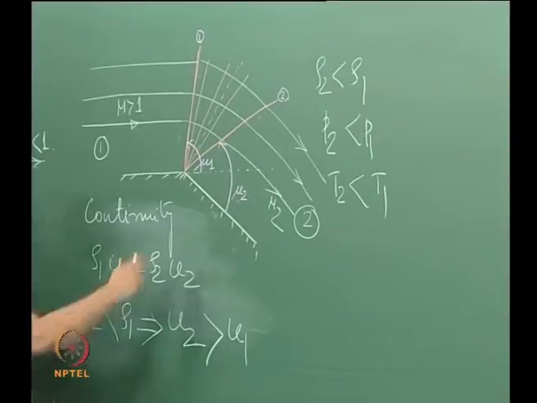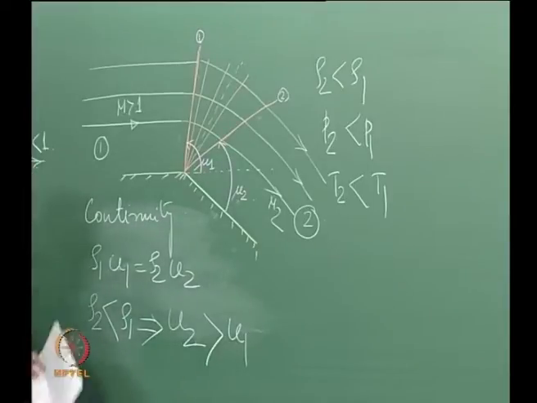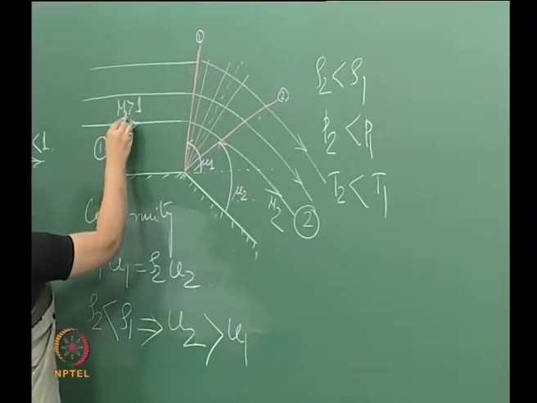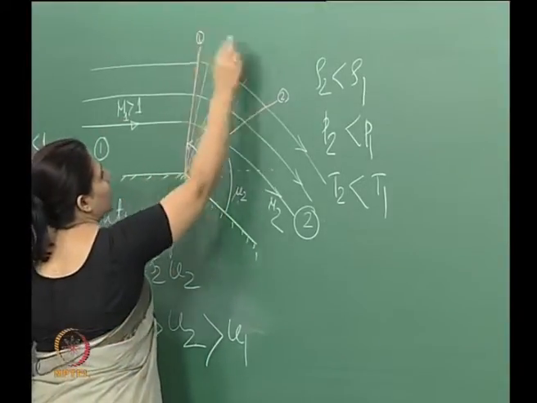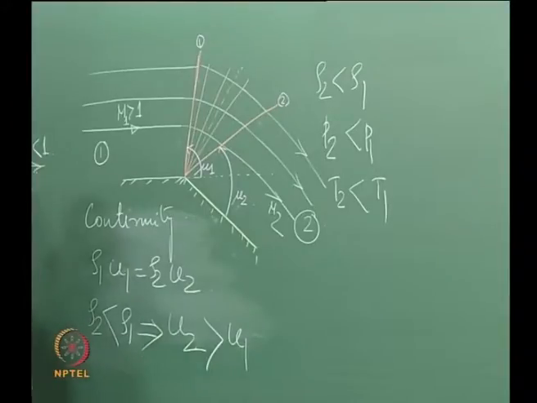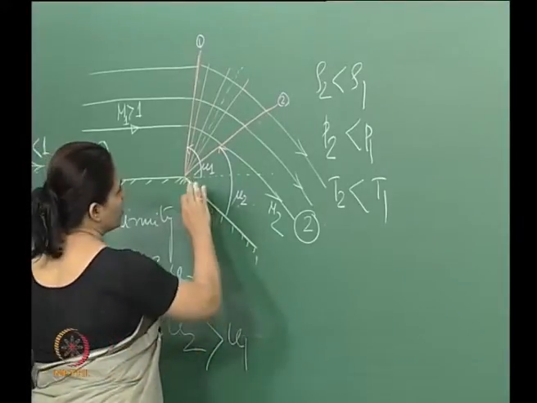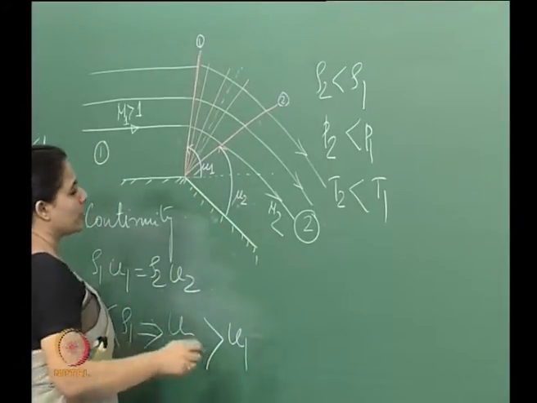So, the upstream side here, this is M1 and here it is M2. So, let us call this M1 and this M2, right, just to get all the parameters in place.